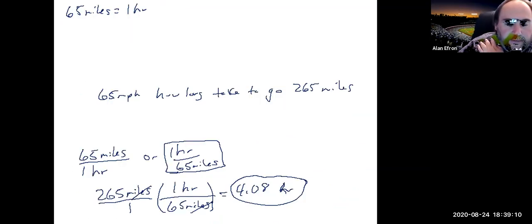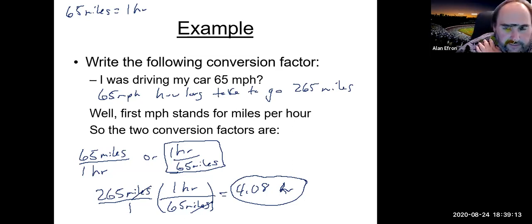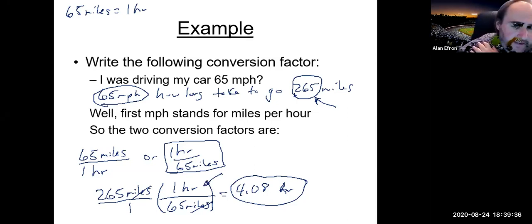Same thing with this one that we did. My original number here was 265 miles, and I went 65 miles per hour. In this particular case, you could have gone 4.08 hours like I did based off of this, but because this is not a legitimate conversion, probably 4.1 hours would have been a better answer, because I didn't put the 0.0, which I meant to do here.